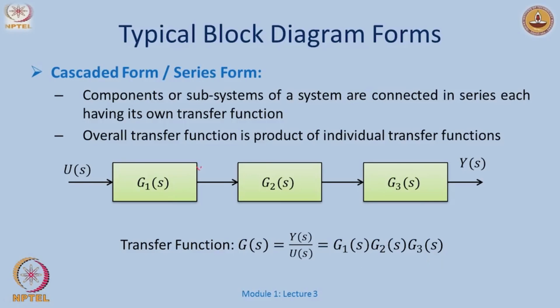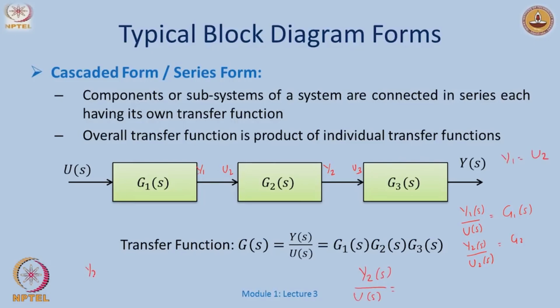So, let me call this Y1, let me call this U2, let me call this Y2 and U3, and so on. For G1, Y1(s) over U(s) will give me G1(s). Similarly, for G2, this will be the ratio of Y2(s) over U2(s). Y1 is U2, Y2 is U3 and so on.